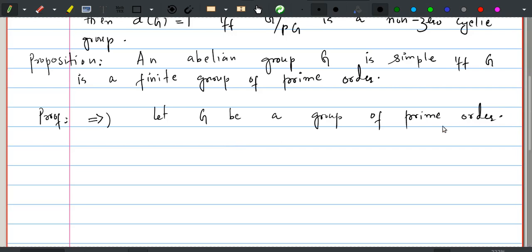Then obviously G is cyclic, because we know that any group of prime order is cyclic, and hence abelian.